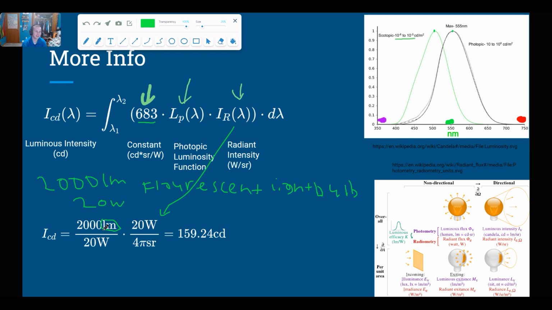this is where physics sometimes can get a little bit difficult. You kind of have to think, well, how did they make this 2000 lumen measurement? Well, really what they did is they probably took something and put it around the light bulb and then measured the number of lumens. And by doing that, they kind of just combined the constant and this luminosity function into one.